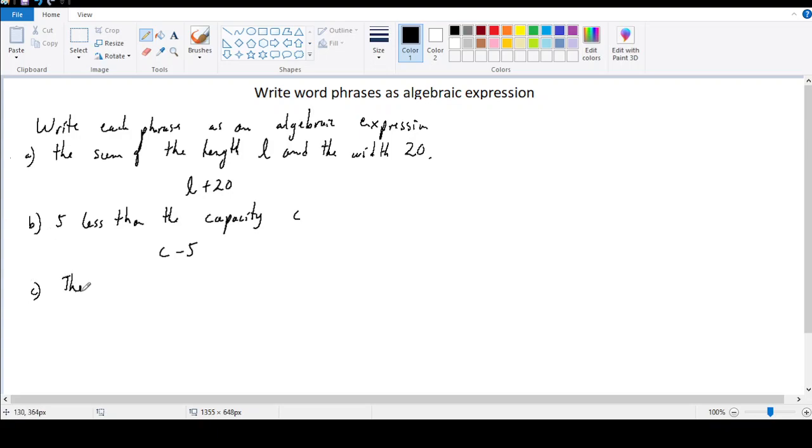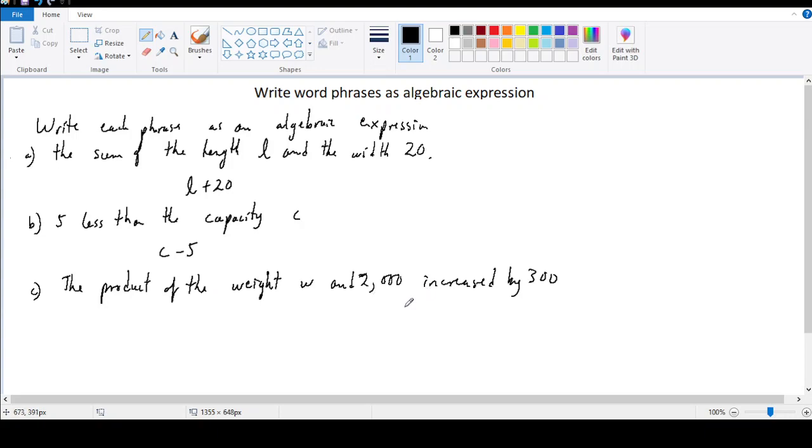The product of the width W and 2000 increased by 300.